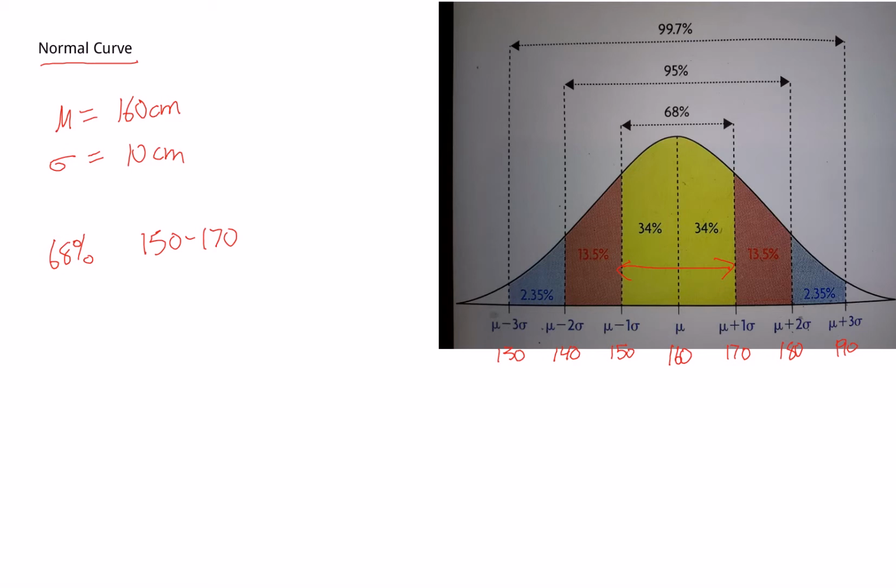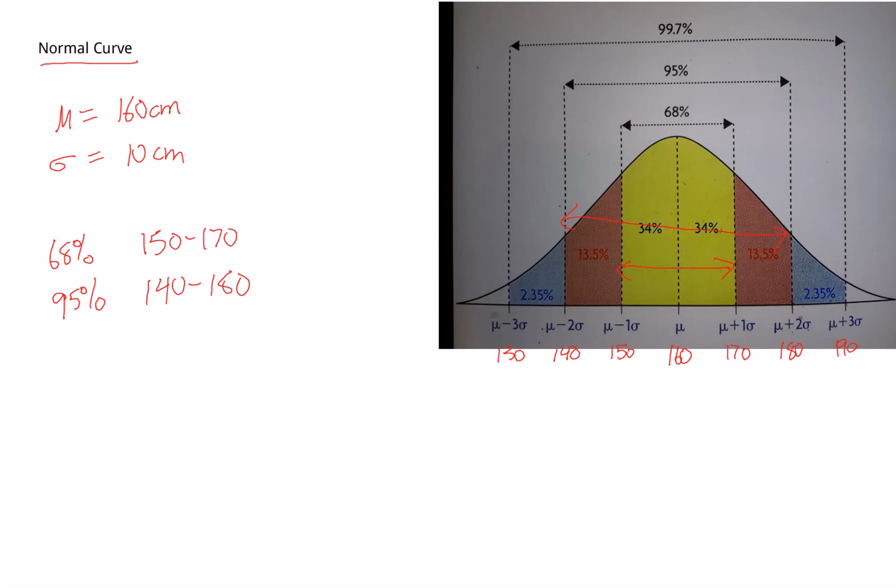If we go 2 standard deviation lines, so that's the red zone, so you can see it'll be all of the yellow plus all of the red. So that means 95% of our data approximately will now be between 140 and 180. So that takes care of just about all our entire population. Just 5% is left over.